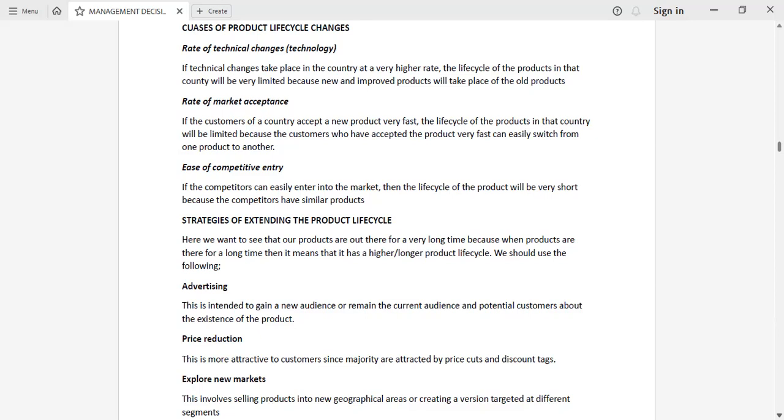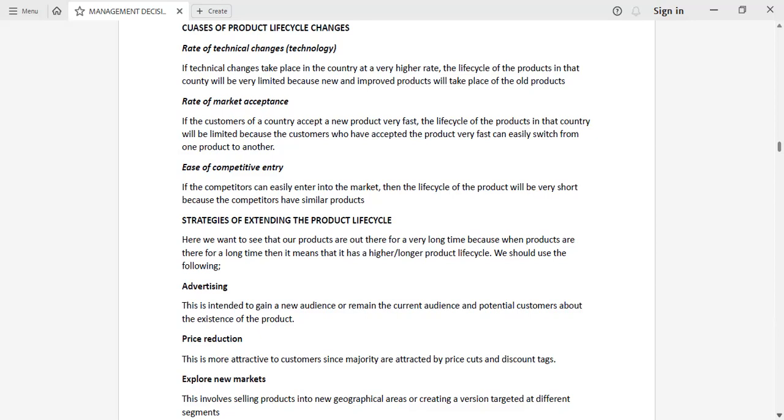So that will make the life cycle of a product very limited. In other words, the product will not take long. It will go off very fast, because these customers keep switching from one product to another.